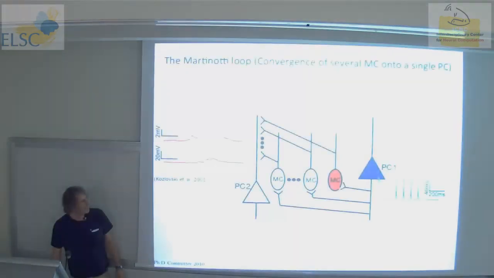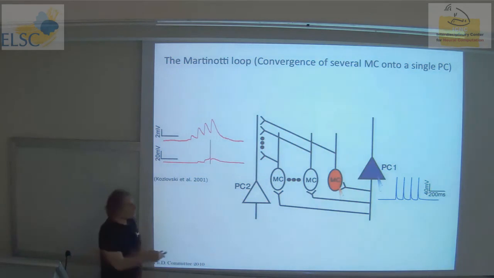We worked a lot with Matthew Larkum, and it's interesting that we know today that if you activate one pyramidal cell, that is called the Martinotti loop. If you activate one pyramidal cell, this one pyramidal cell recruits about 5 Martinotti cells, which all converge into the other pyramidal cell.